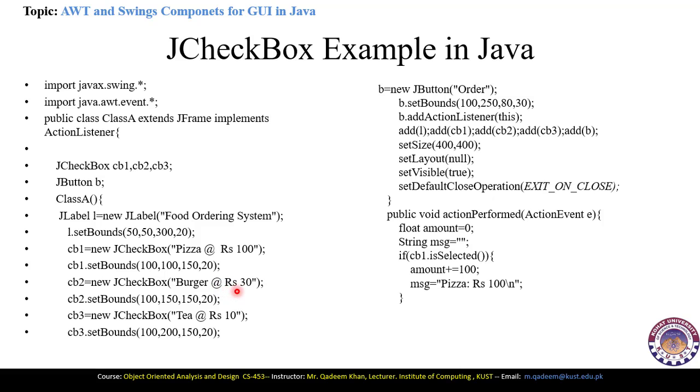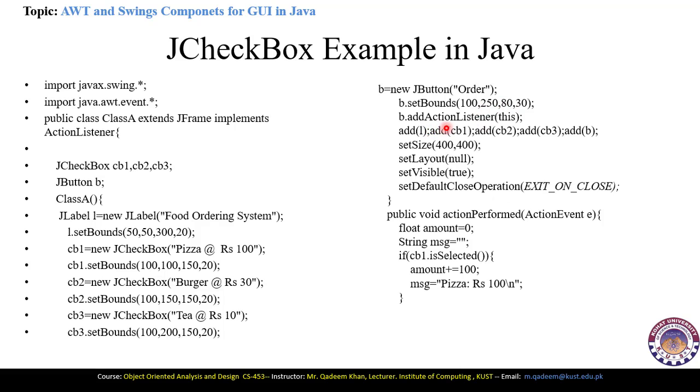Similarly, the next checkbox contains the burger at rupees 30, and it also has its position. Similarly, this is another checkbox with the tea at rupees 10, and this is the position of the checkbox over the window here.